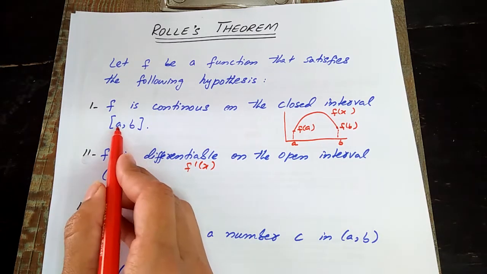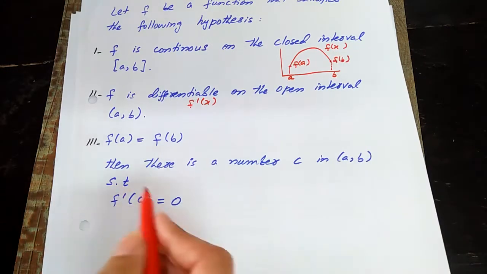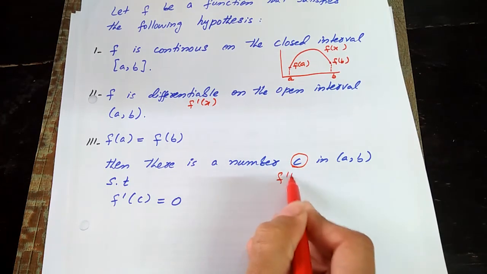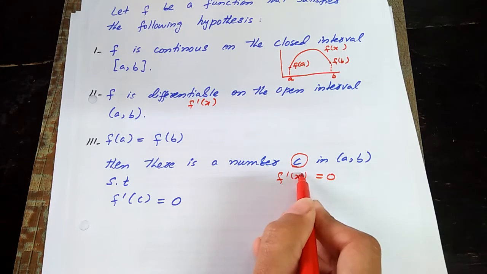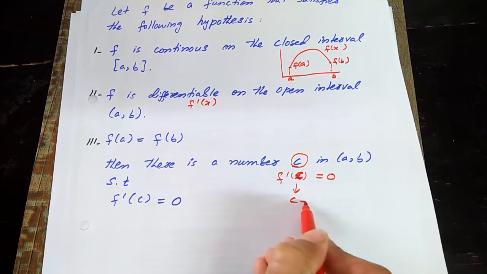We will put these interval values into the function and see whether they are equal or not. If both are equal, then we will find the value of c. Just put c in the derivative and make it equal to 0. After that, find the value of c from there.